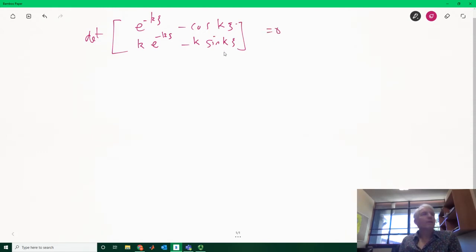The determinant must equal 0. So we multiply across here and we get minus k e to the minus kappa zeta sine kappa zeta plus k e to the minus kappa zeta cos, oops, there's got to be a kappa, not a k here.